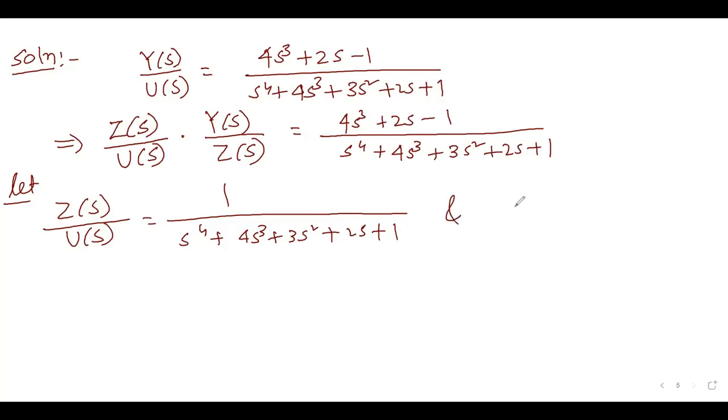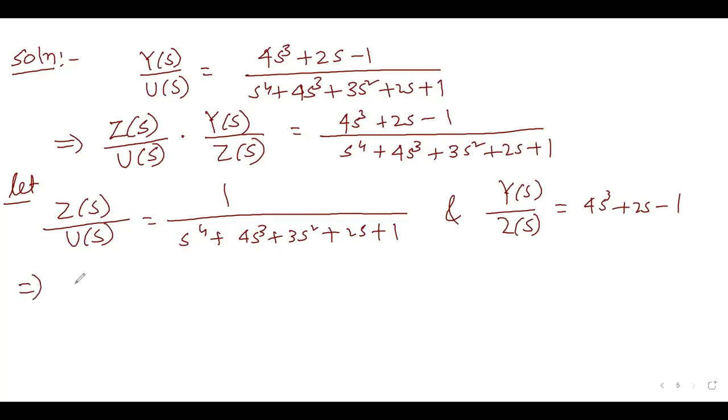And Y(s) by Z(s) is equal to 4s³ + 2s − 1. This portion we consider the denominator and this portion the numerator. Now we can cross multiply using our old technique.